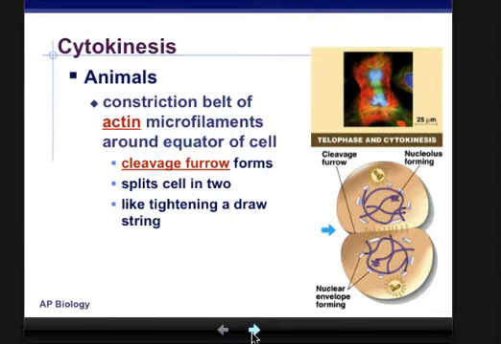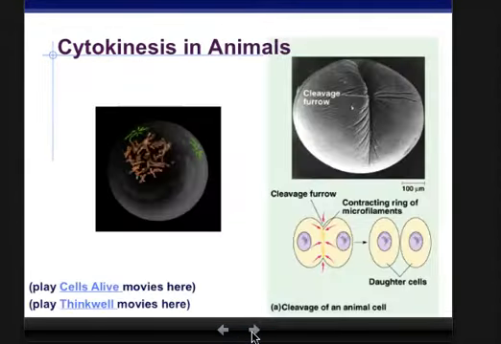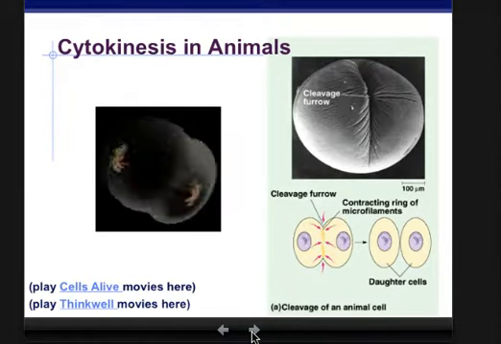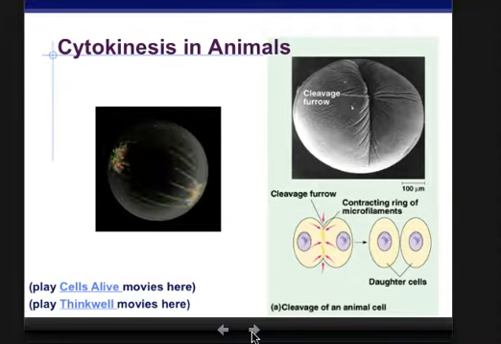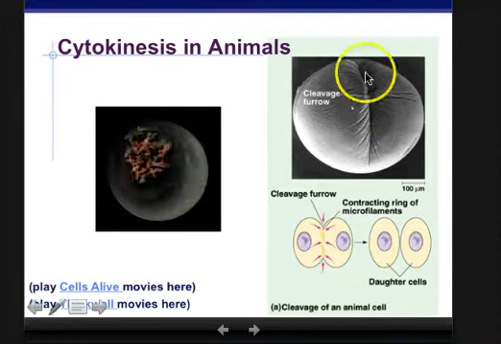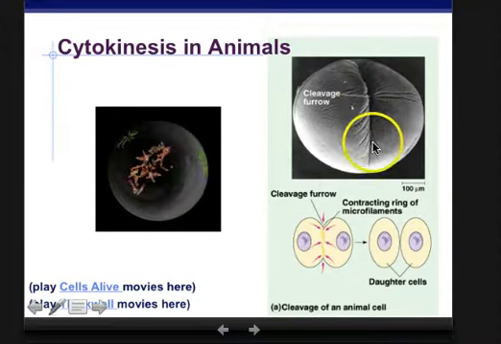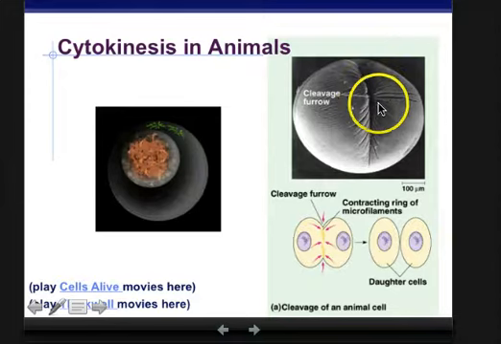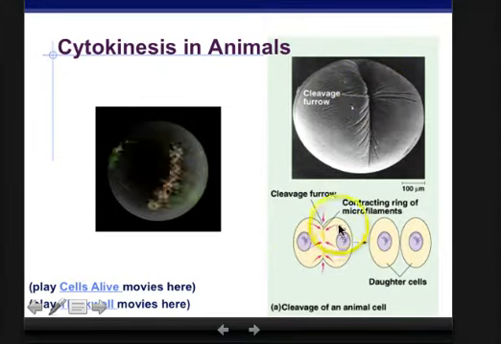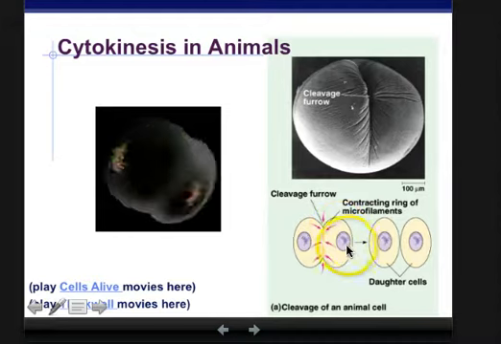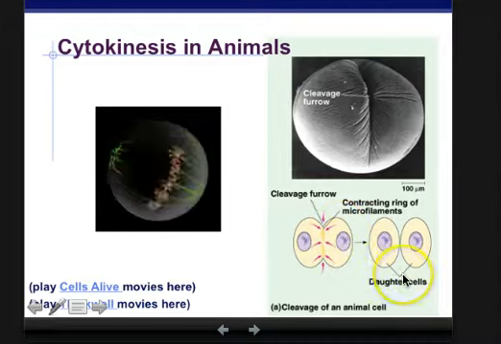So there you get a little animation of mitosis. And there's a close-up, the scanning electron microscope picture of the cleavage furrow. You can see it's like a belt pinching in. We have a contracting ring of the actin and myosin complexes here to result in daughter cells.